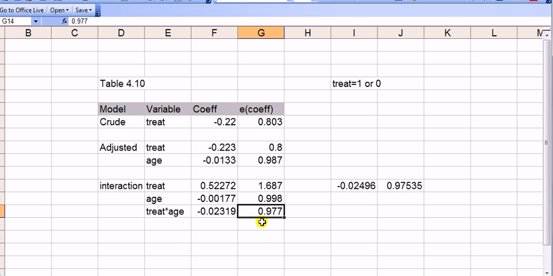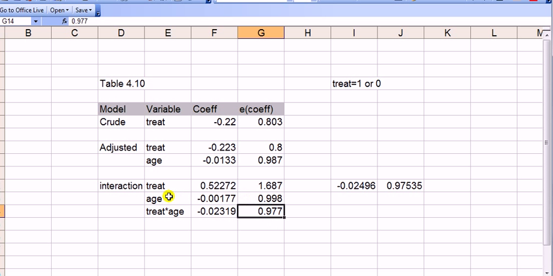If we do it without numbers, what this is saying is that for an older person, the older you get, if you put that individual on the treatment, that's going to be more beneficial to them, in that it reduces the risk of them relapsing back into drugs.